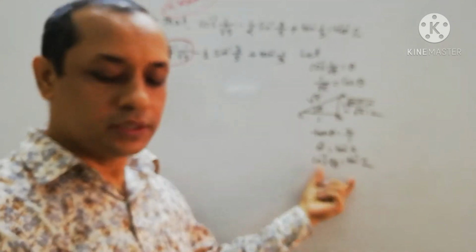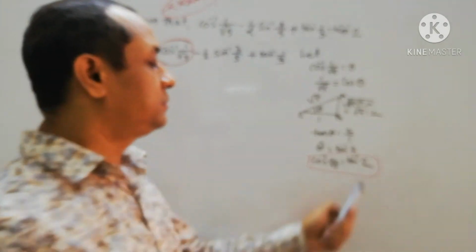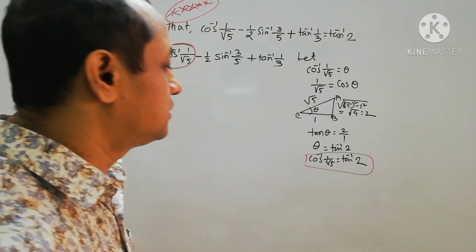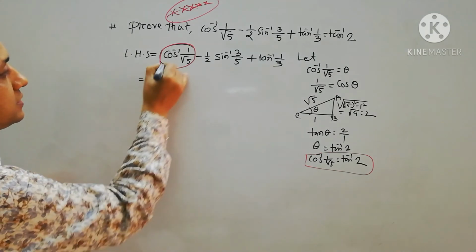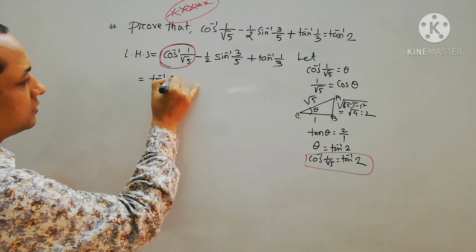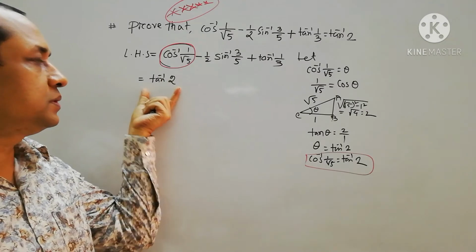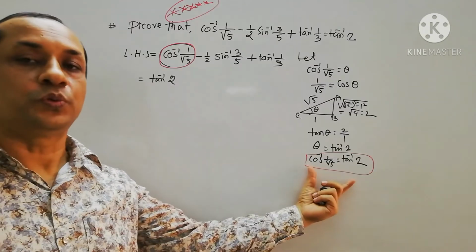So student, here cos inverse 1 by root 5 equals tan inverse 2. Then we can write tan inverse 2.